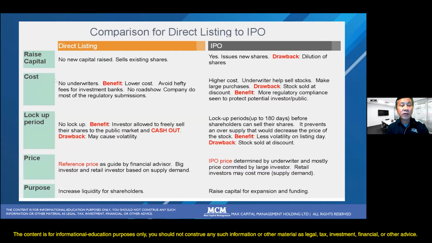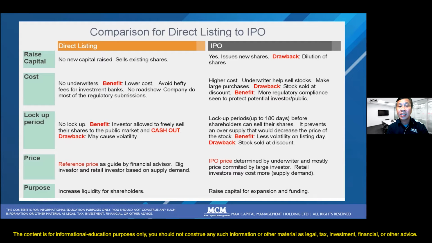As far as cost is concerned, in direct listing, there are no underwriters. So one of the benefits of having no underwriters is that it will cost lower, avoiding hefty fees for investment bankers. Cost of roadshow is also none, and the company does most of the regulatory submission in direct listing.